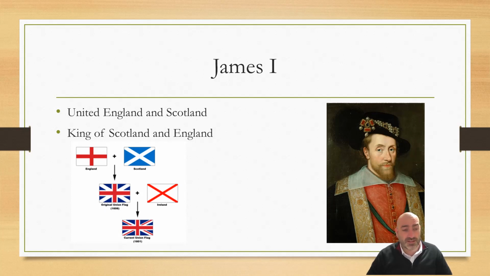Actually, in his first speech to Parliament, King James I expressed his desire to create one state out of England and Scotland. That state would be Great Britain. His reign saw many fascinating and important historical developments.